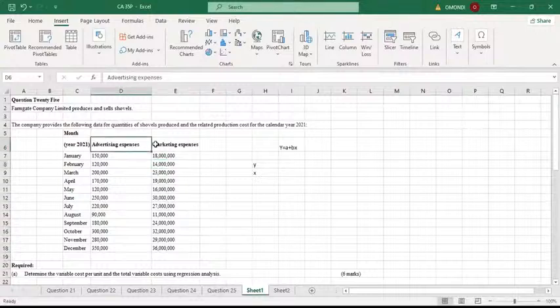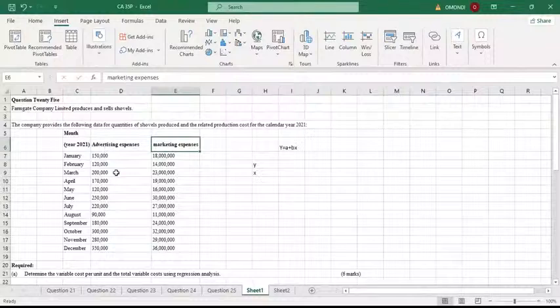And since all of them are expenses, whoever gives me this question in exam will have to tell me that either marketing expenses is dependent on advertising expenses, or they will also give you in another format that the amount which we are going to spend in advertising these products will determine what marketing expenses will be.